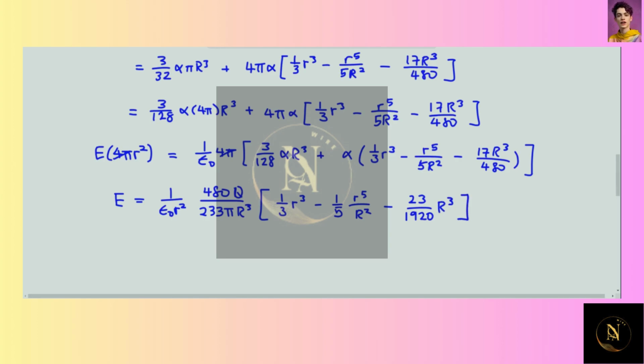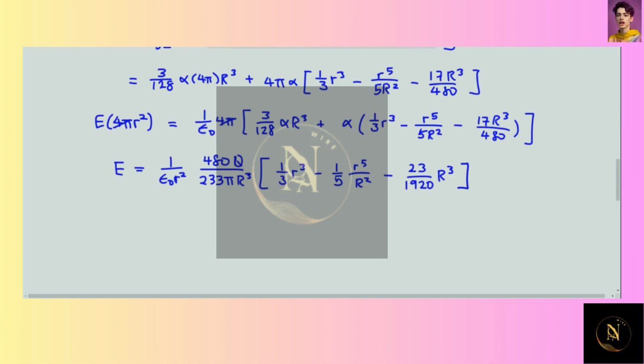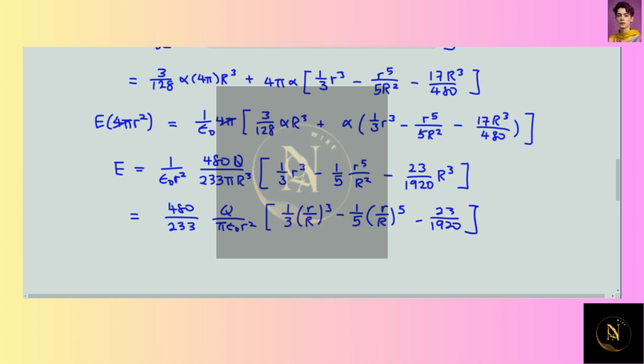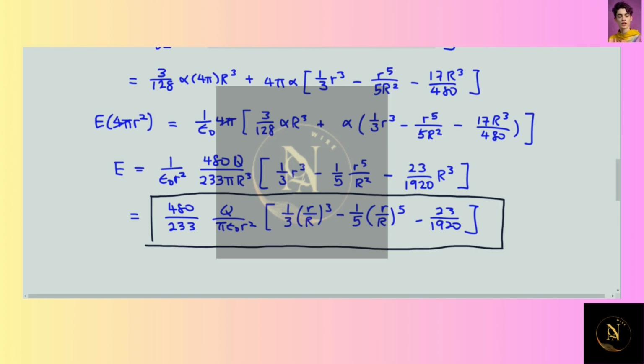Okay, next, so 480 divided by 233 q over pi epsilon naught r square, times 1/3 r divided by big R cube minus 1 over 5 r divided by big R to the 5 minus 23 over 1920. Okay, so this will be the E field in the second region.